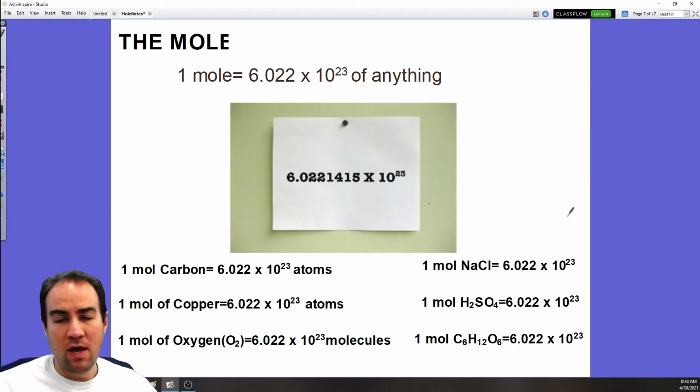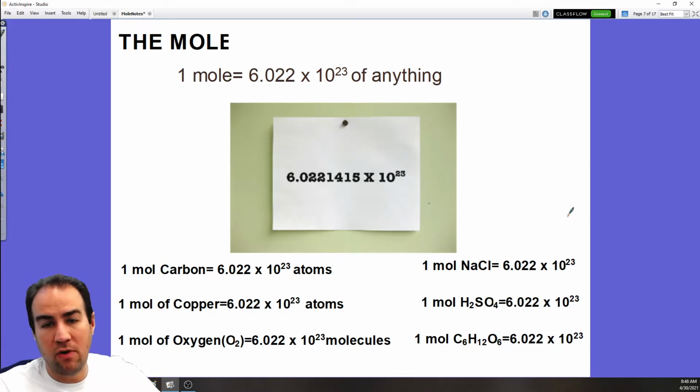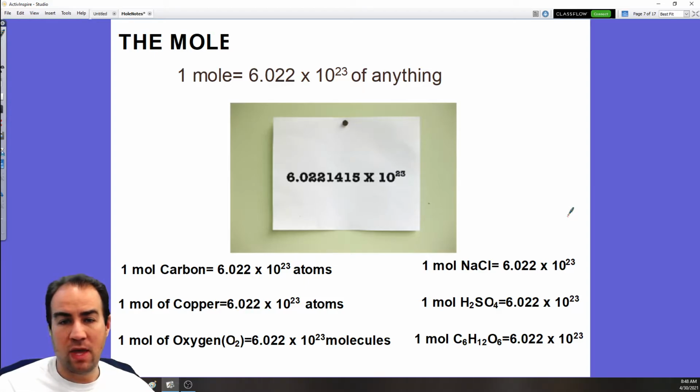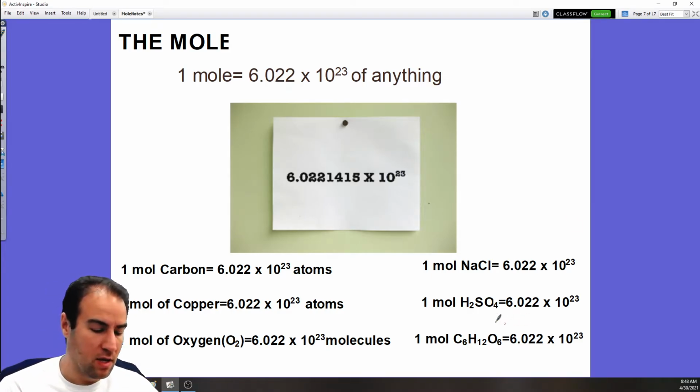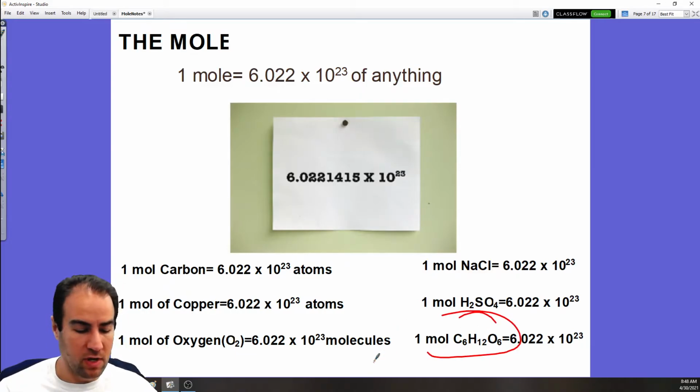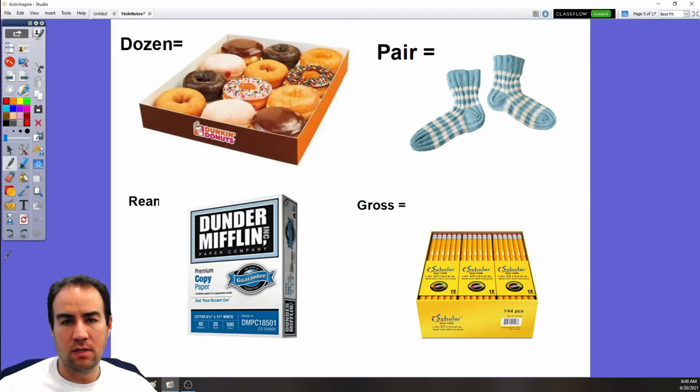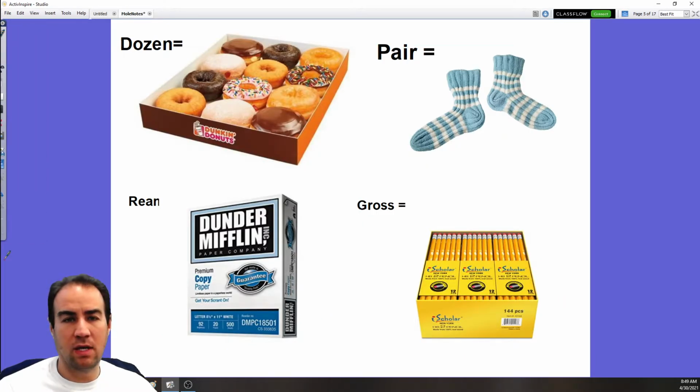A mole of formula units of sodium chloride is 6.022 times 10 to the 23rd. A mole of, once again, the H2SO4 that we just looked at, 6.022 times 10 to the 23rd of that molecule. And the bottom one there is glucose. So a mole of glucose is 6.022 times 10 to the 23rd molecules of glucose. It's a number just like we use for things like a dozen donuts. So it's a word that represents a number.